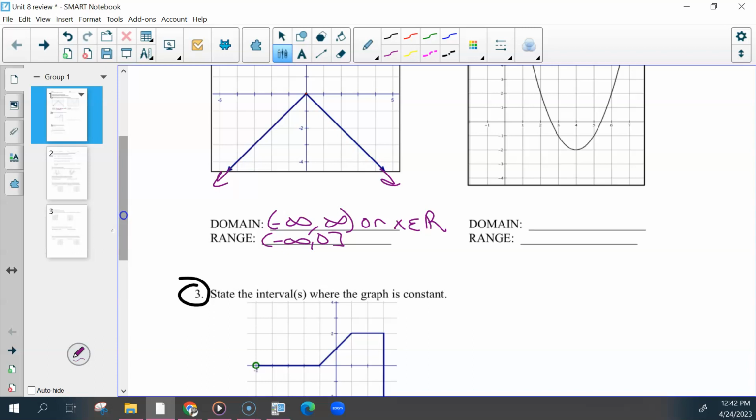The other way to write this would be everything below 0, or y is less than or equal to 0.